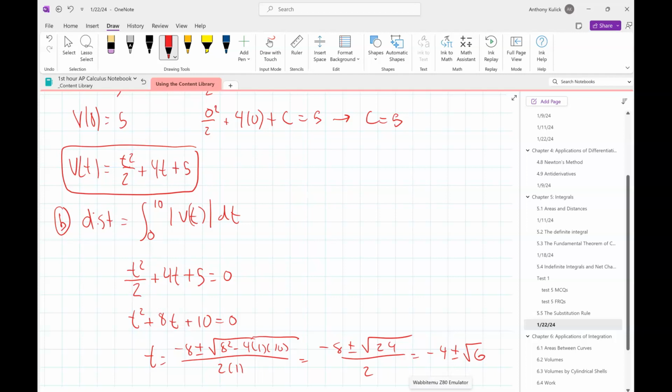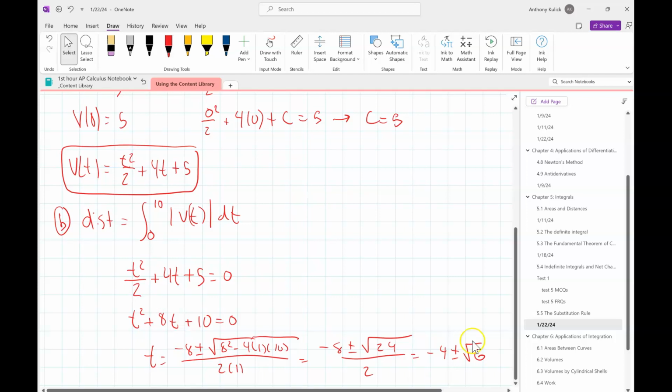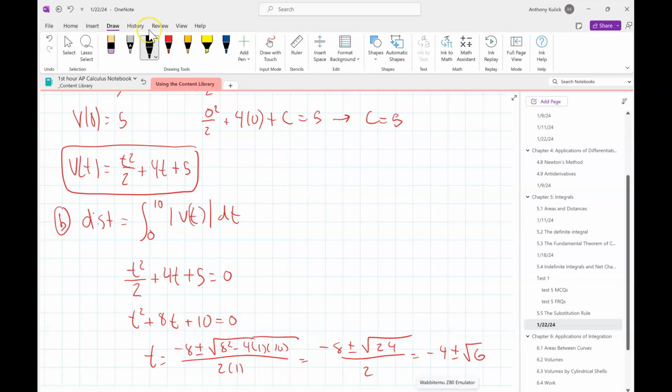Okay, so if I think about my graph then, here at like -4 minus root 6, and then we have -4 plus root 6. Oh no, those are both going to be fine. They're both going to be over here.